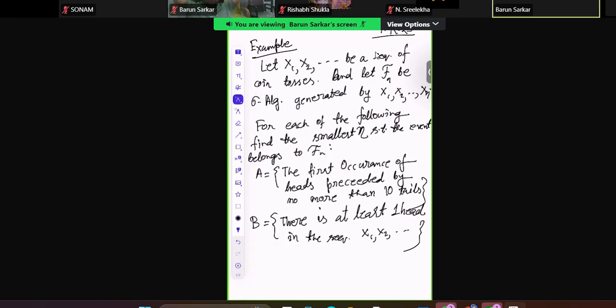And then you toss the coin a second time and note the outcome. So the first occurrence of heads preceded by no more than 10 tails, right? And the second one is there is at least one head in the sequence. Okay.